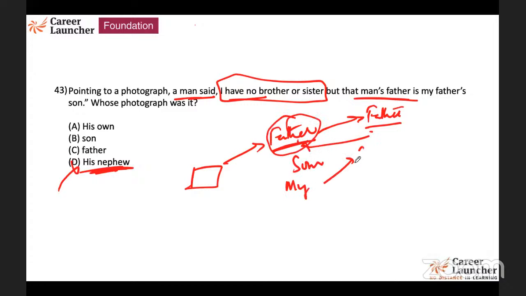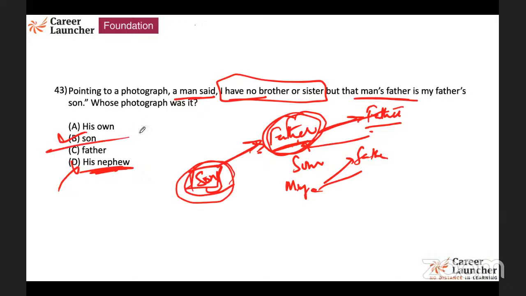My father's son is myself. So the man pointed at is saying that man's father is my father's son. Who is this guy? He has to be the son. Hence the answer has to be B.